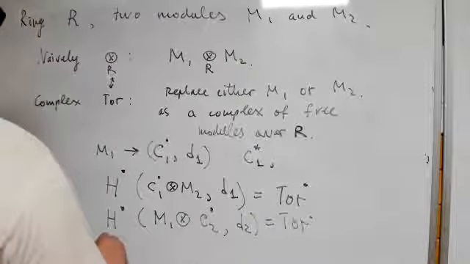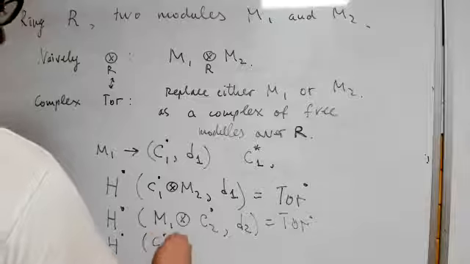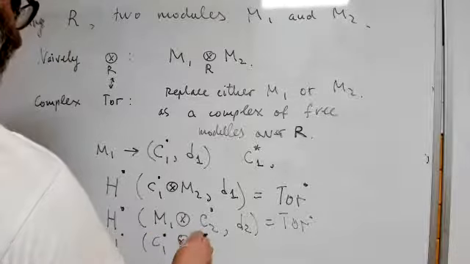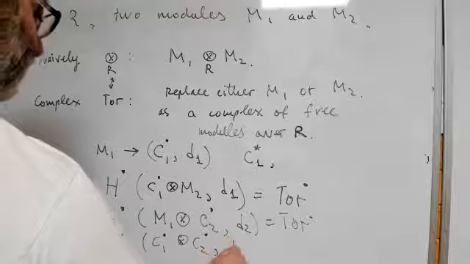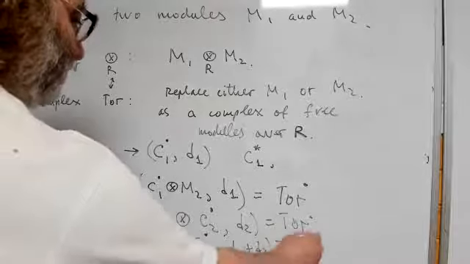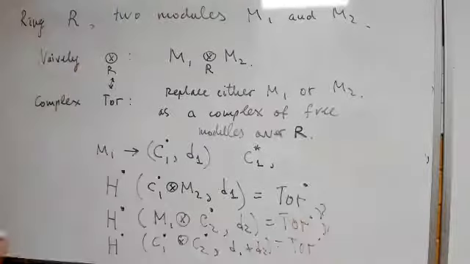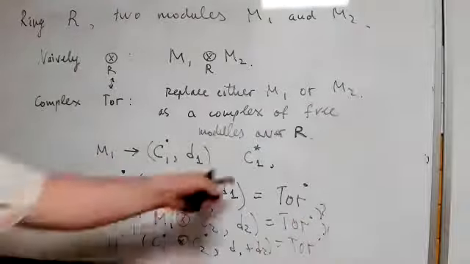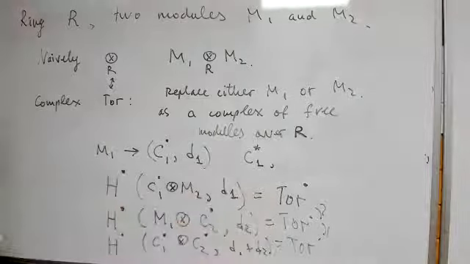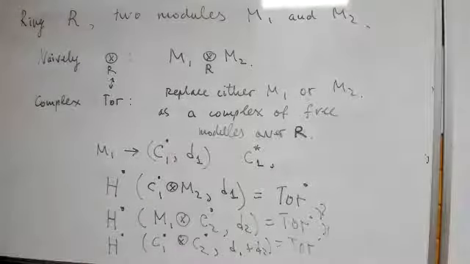I can also study C1 times C2 with differential d1 plus d2. It would also be torsion. And the theorem is that they are isomorphic. The isomorphism between this and this is known as tic-tac-toe.